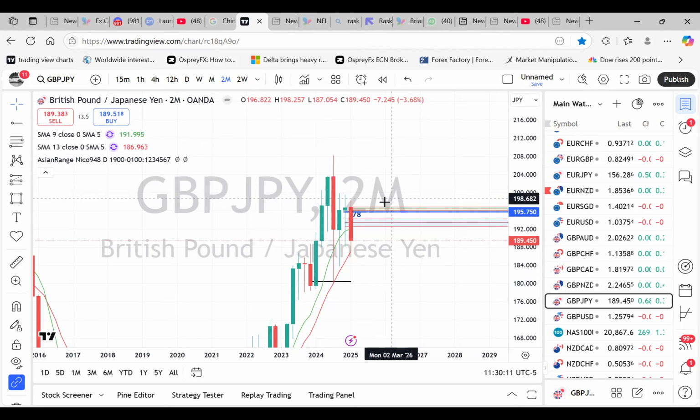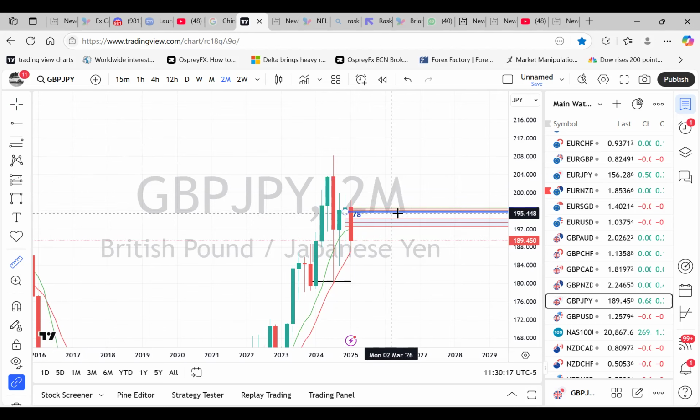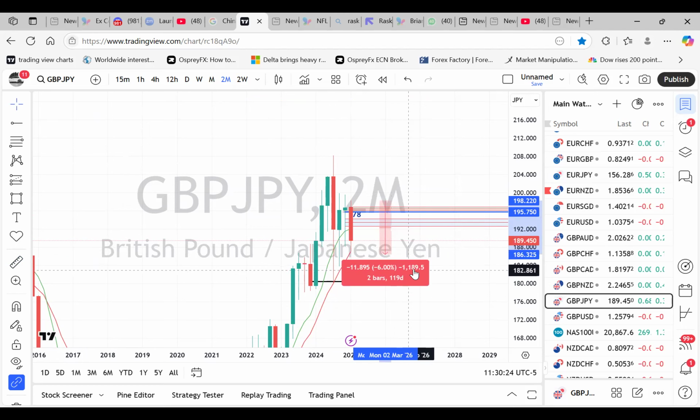So as high up as the latest candle that closed, which is the 2 month. Before you ask me why do we care about this 2 month, it's because the 2 month went 1,189 pips. So if we just pull back half of that, it's offering you 600 and some pips.